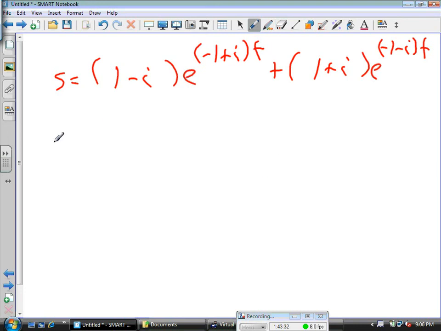All right, hang on with me. This is about 10 minutes. We're almost done. We get 1 minus i times e to the negative t times e to the it. Isn't this times this that? Right? Because how do you multiply two powers of the same base? You add the exponents. What's negative t plus it if you factor out the t? Right? Is that the same? Are we good? Do the same thing over here.